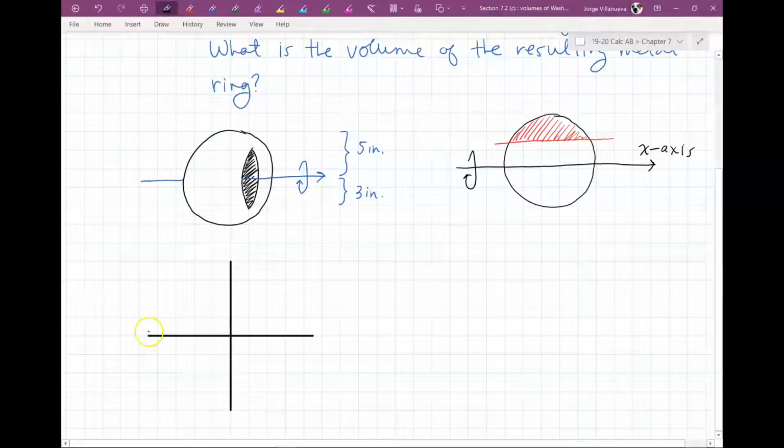So we'll start off by just drawing this out. They told me that if I'm going to be spinning it here, spinning it there, it has a radius of 3. The hole has a radius of 3, right?